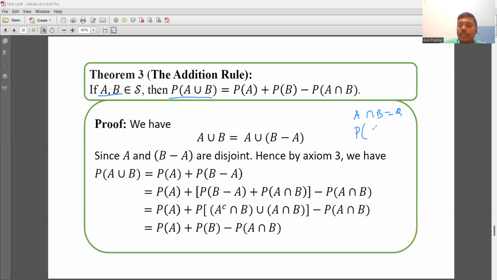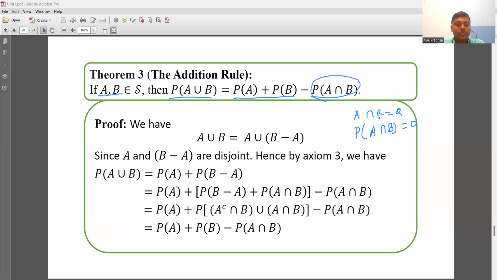That means probability of A intersection B is going to be 0. Then this part becomes 0. So the probability of A union B is going to be probability of A plus probability of B, which is nothing but the third axiom of the axiomatic definition. So it is true there also.